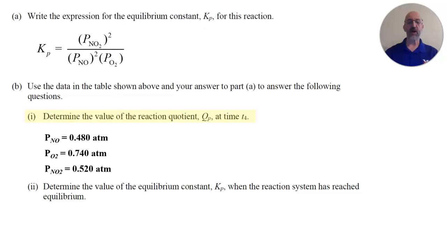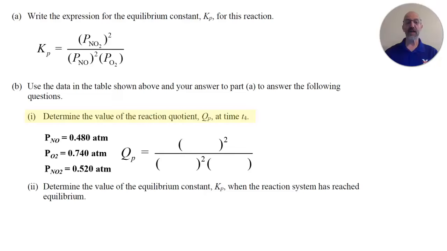The partial pressure of NO is 0.48 atmospheres. The partial pressure of O2 is 0.74 atmospheres. And the partial pressure of NO2 is 0.52 atmospheres. So we're going to call this the reaction quotient Q, so Qp, and I will simply plug in the appropriate values in the appropriate positions.